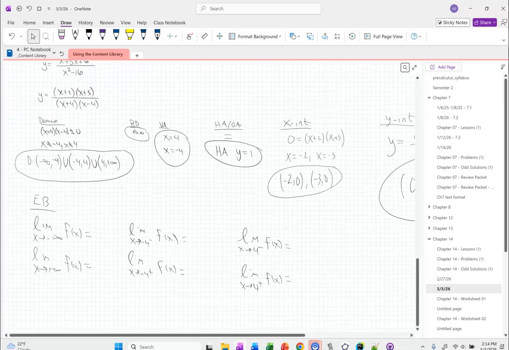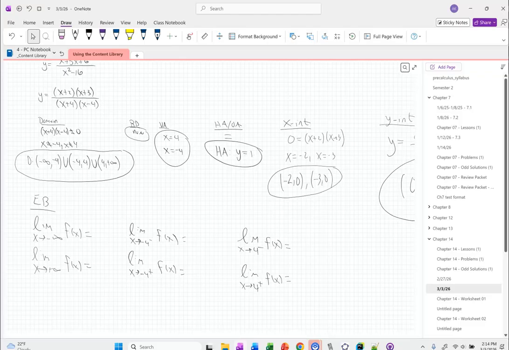Okay. So the left end and the right end, I'm going to get by looking at my answer for the horizontal or other asymptote. Since I have a horizontal asymptote, what are the left end and right end behaviors going to be? Same as the horizontal asymptote. Yep.